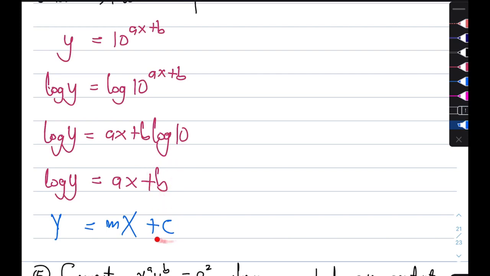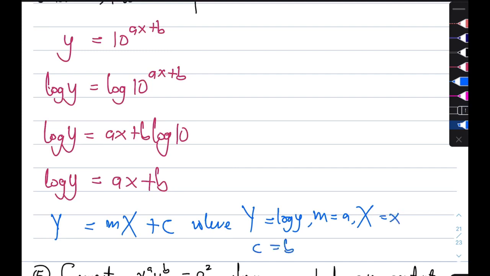You've achieved a constant, and there's a constant here, so you can compare the rest. Okay, that's the argument. So big Y is equal to log small y, and then your gradient m is actually a, and then your big X is small x, and then the c is the b, and then you are done. Okay, you have written it in the linear form.